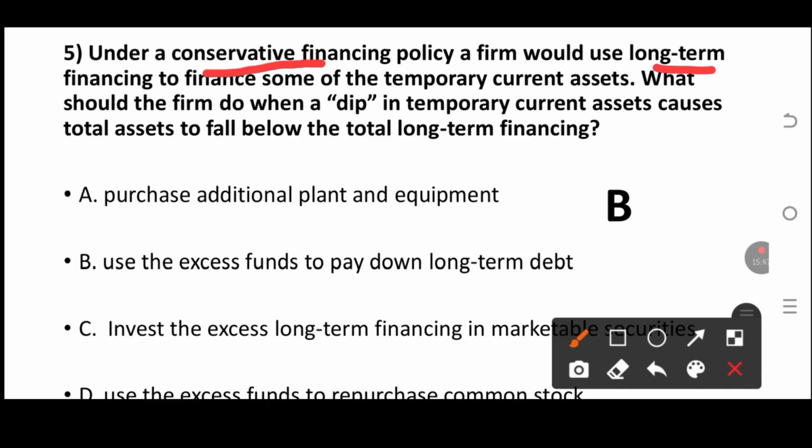What should the firm do when a dip in temporary current assets causes total assets to fall below the total long-term financing?